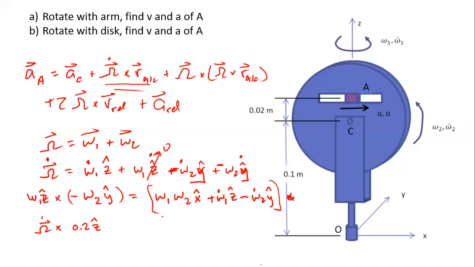So when we do that out, that's where one of our 0.2 omega 1, omega 2 terms is going to come out, right? Oh, yeah, the 0.02. And then, let's see, where did we get that other one?